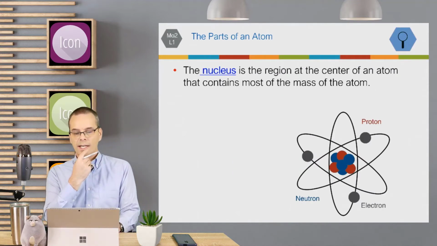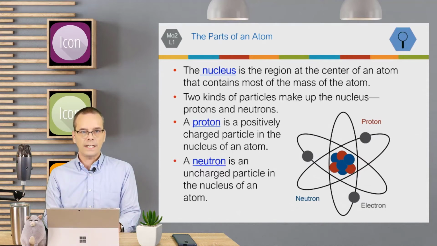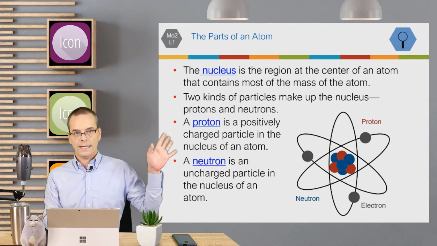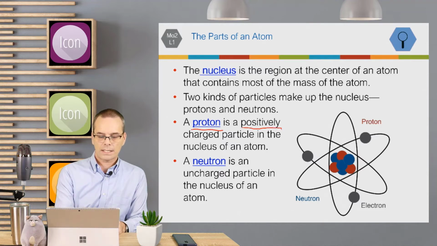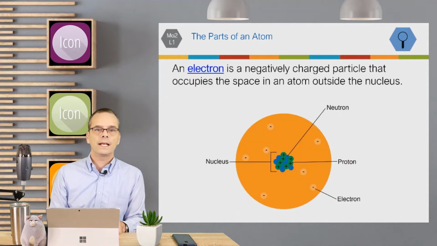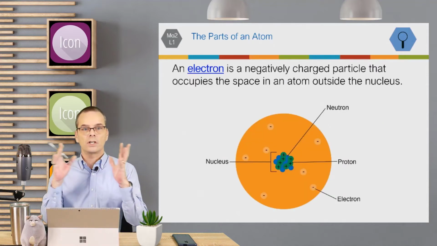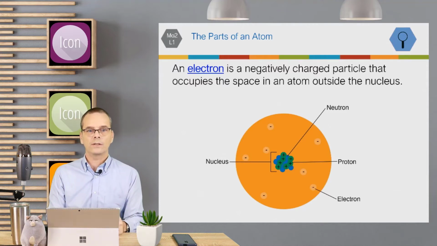The nucleus, again, is right in the center, and that has most of the mass. Now, we all know that in that nucleus there are protons and there are neutrons. Protons are positively charged, neutrons are neutral or uncharged. An electron is that negatively charged particle, and it's outside the nucleus.